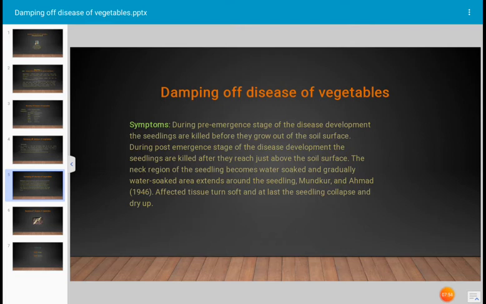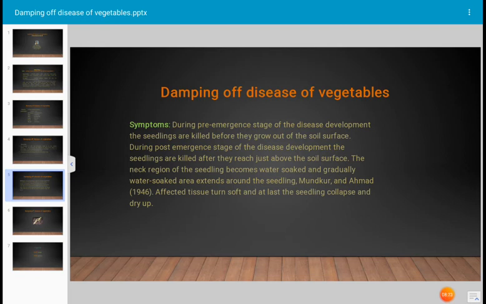The seed gets rotted, does not germinate and does not come out of the soil surface. That phenomenon is known as pre-emergence damping off symptoms. Okay, that means rotting of the seed takes place below the soil surface. We never see the seedling, it does not germinate. Okay, that is pre-emergence damping off symptoms.